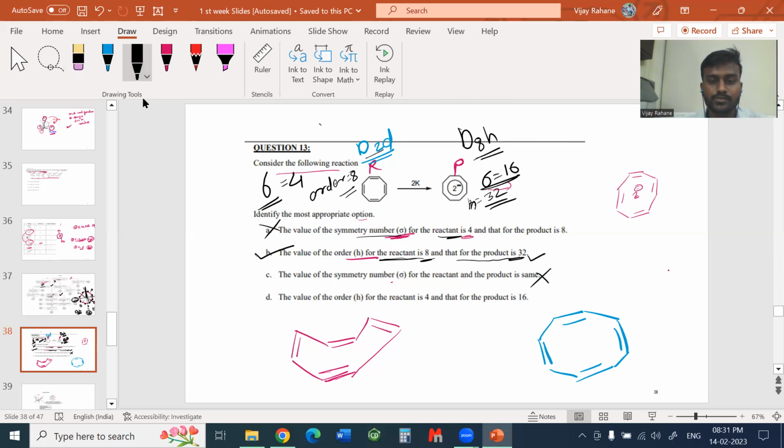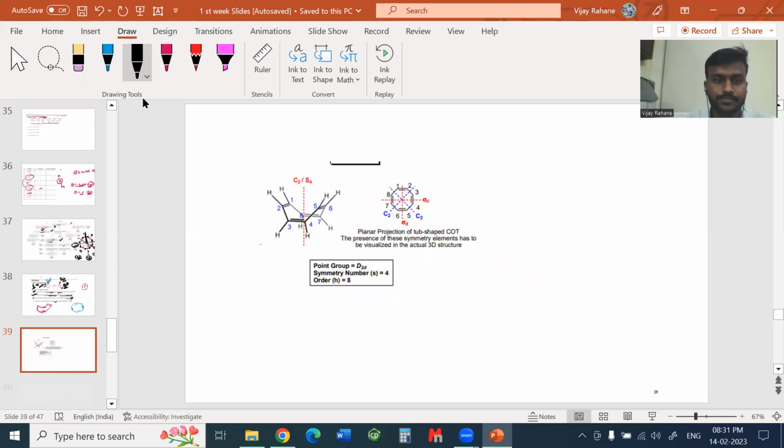These are the values, so this option saying they are the same is wrong. What is the last option? The symmetry number for the reactant is 4. Wrong, this option is also wrong. So option B is the correct option.